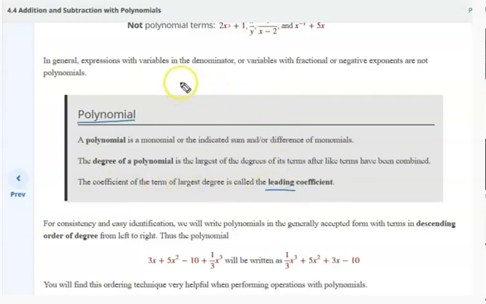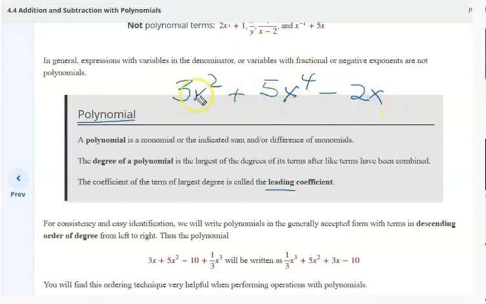So if you had something like this, 3x squared plus 5x to the fourth minus 2x.